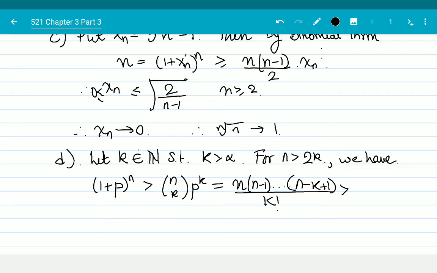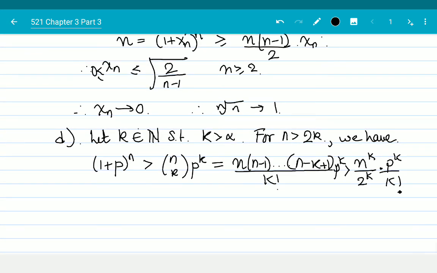What I'll do is I will say that if n is greater than 2k, and there are k of these, this is actually greater than n to the k over 2 to the k, since each is greater than n over 2, times p to the k over k factorial.